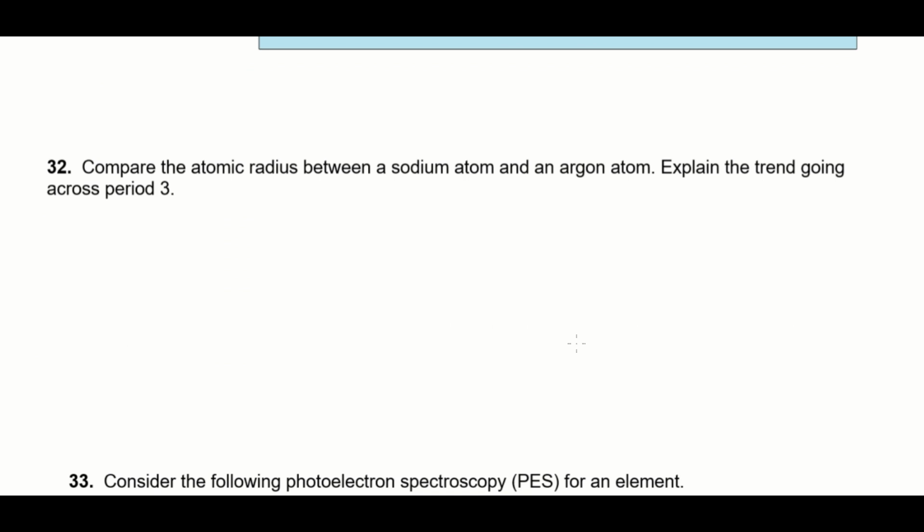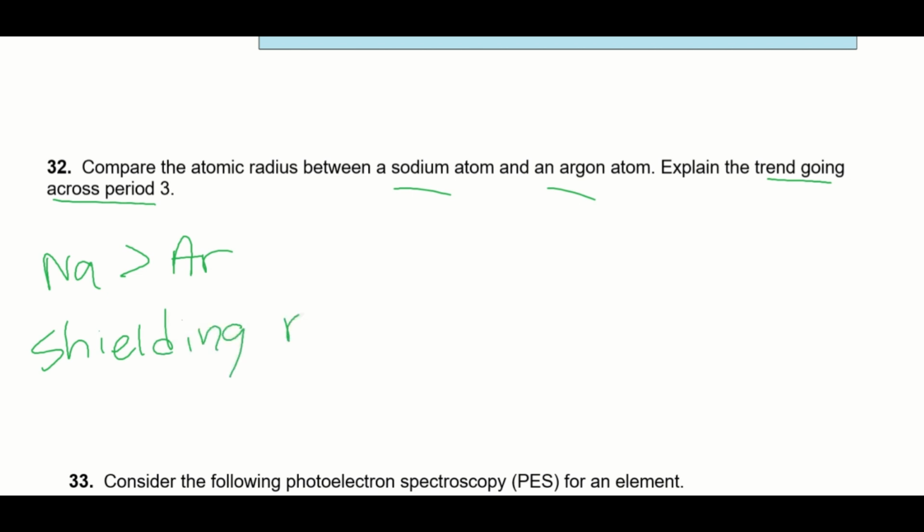All right, trend going across a period. Sodium is going to be bigger than argon, right? Because going across the shielding remains the same or relatively the same. Shielding relatively unchanged going across a period.